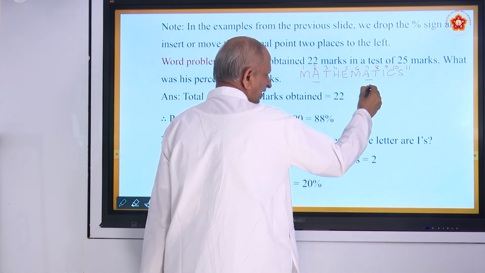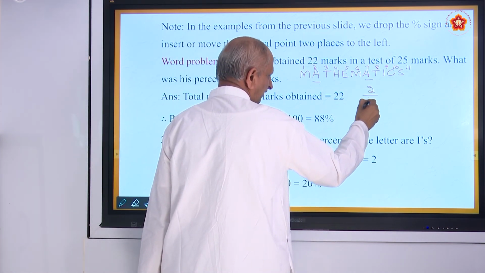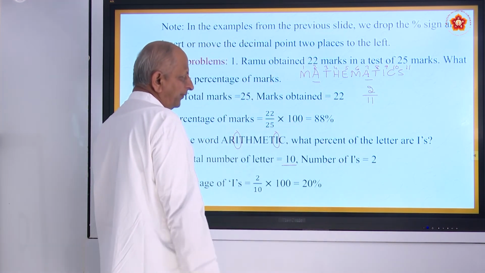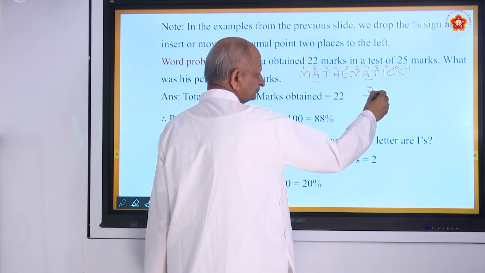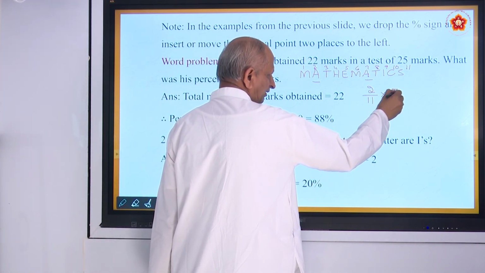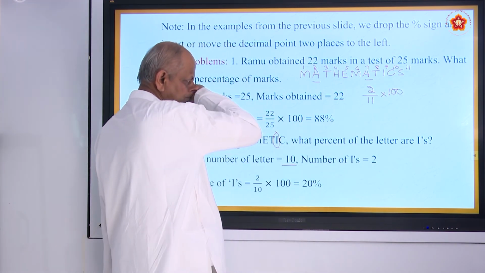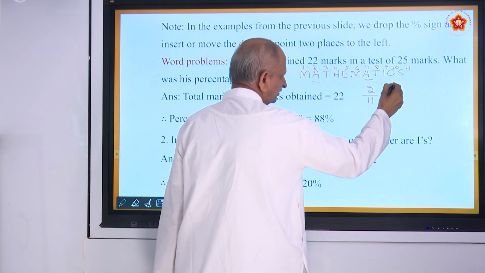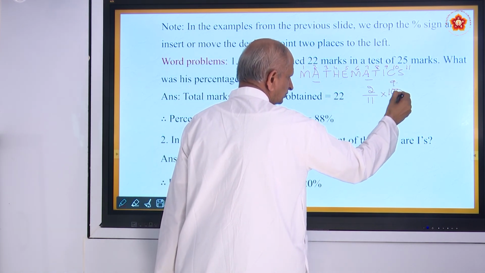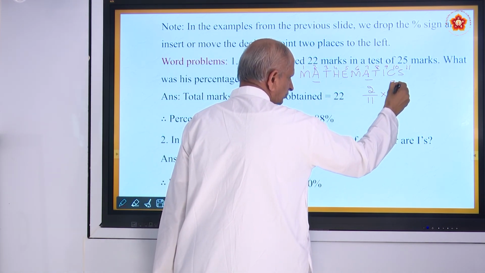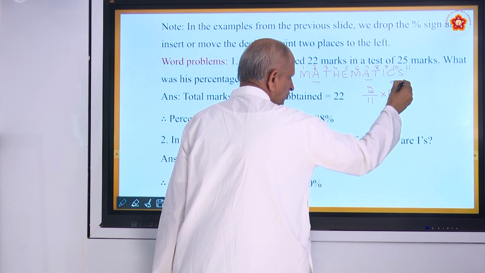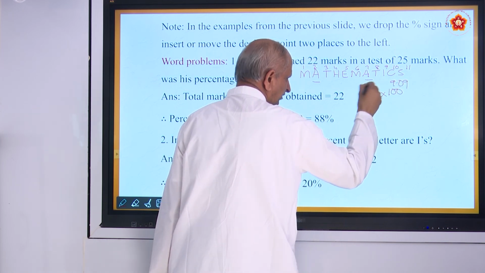And the number of A's will be 2 out of 11. What is the percentage? Percentage will be multiplied into 100%, and that will be say 9.09, you can say.